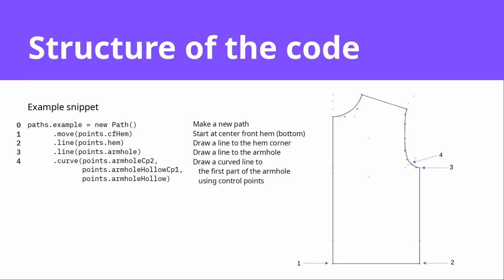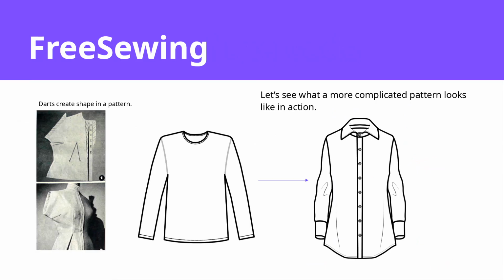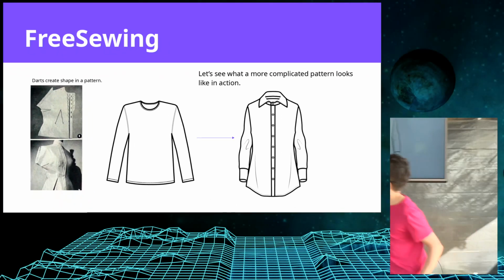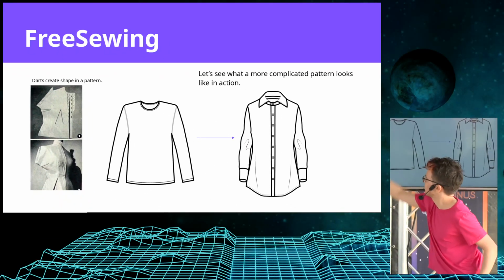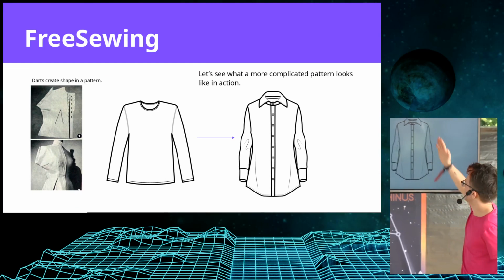So that's what a sewing pattern looks like in FreeSewing. This is our basic body block, and now we can use it to make more complicated patterns, because the basic body block is still very rectangular, very straight, but bodies are 3D shapes, of course. So we can add things like notches and darts to create shape.